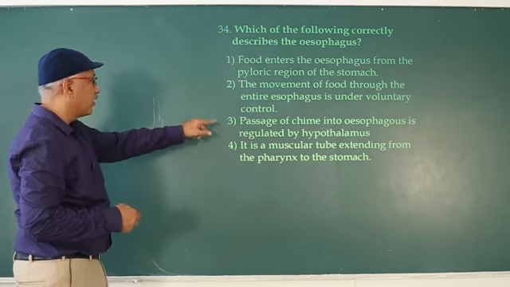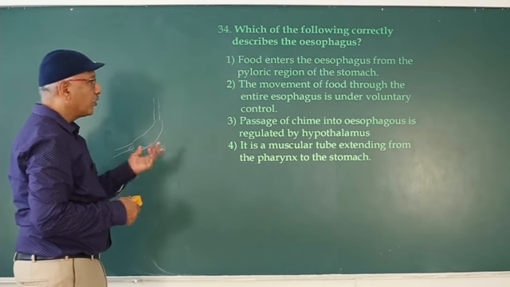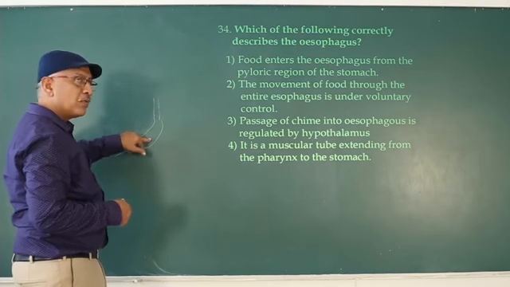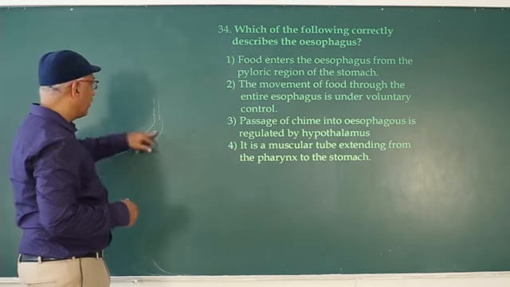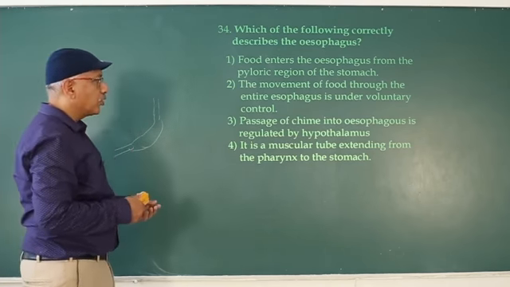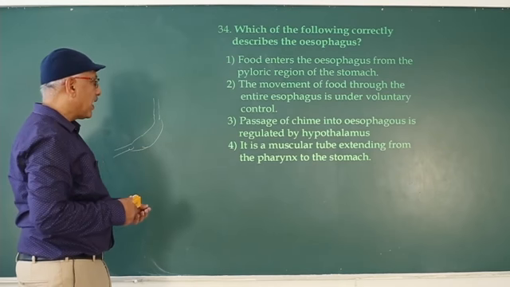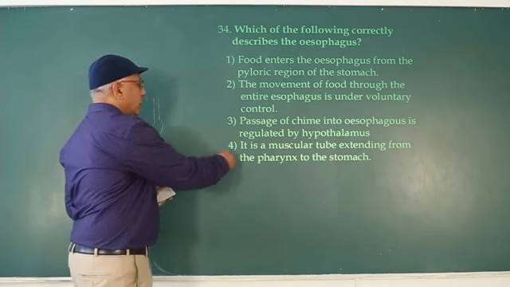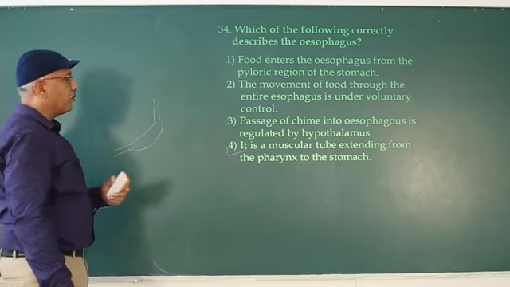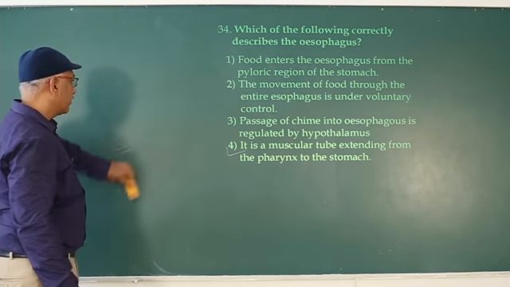Identify the correct statement. Passage of chyme into the esophagus is regulated by the hypothalamus. Chyme from the stomach enters the duodenum, not the esophagus. So the fourth one: it is a muscular tube extending from the pharynx to the stomach. So it is correct.